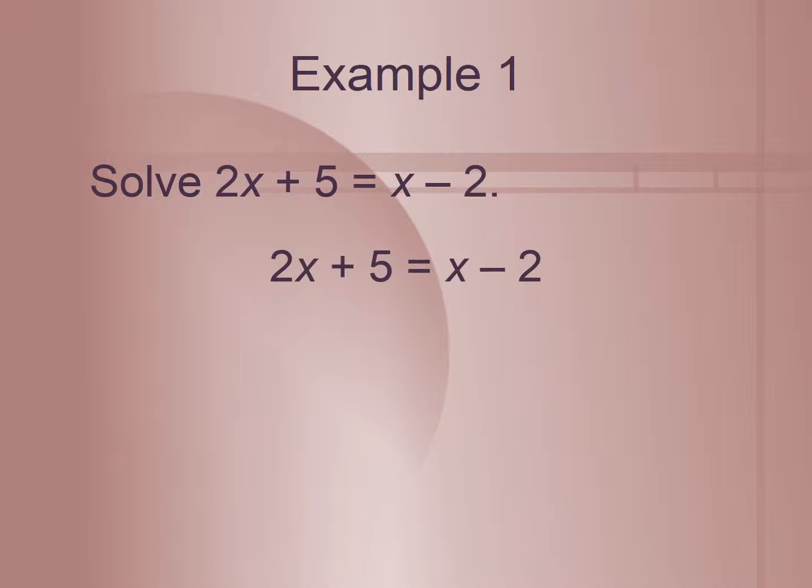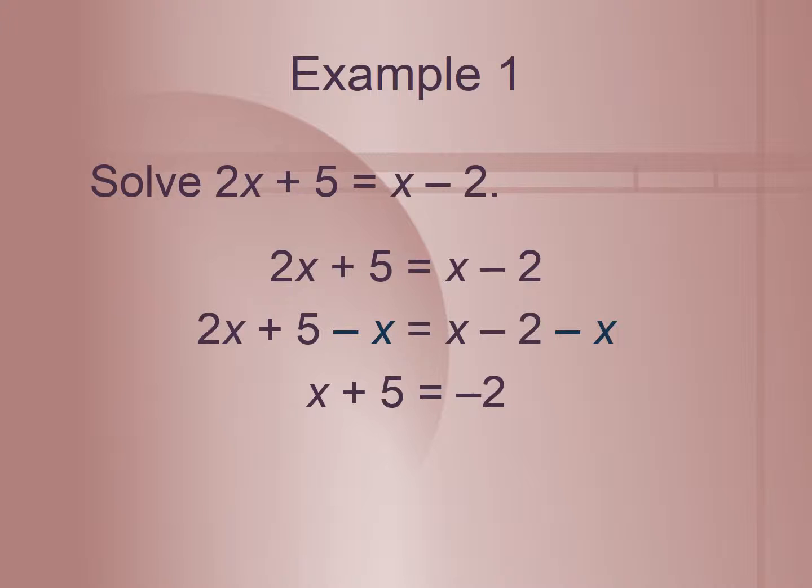So again, I'm going to subtract x from both sides, and when I do that, I end up with x plus 5 because 2x minus x is x, and then x minus x becomes 0, leaving me just this negative 2. Now I've got a two-step equation. I can subtract 5 from both sides and get x equals negative 7.